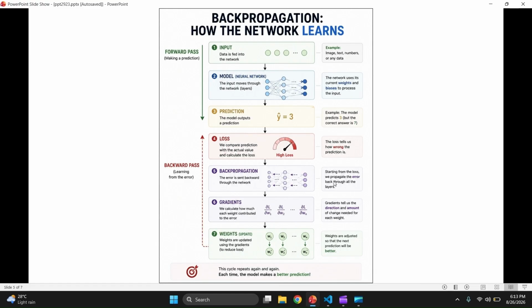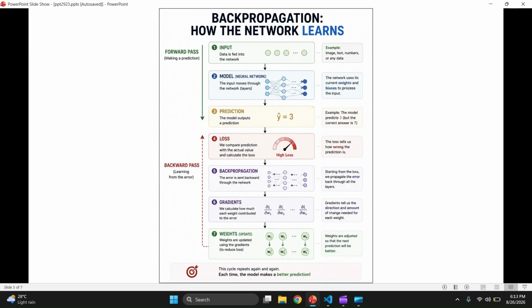The basic idea is that we want to know how much each parameter affected the loss. So we calculate the gradients for the parameters. The gradient tells us how the loss changes when a parameter changes, and this gives us information about which direction we should move the parameter to reduce the loss.